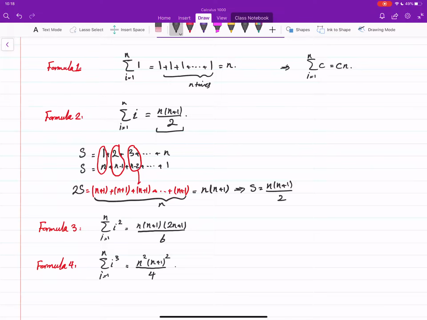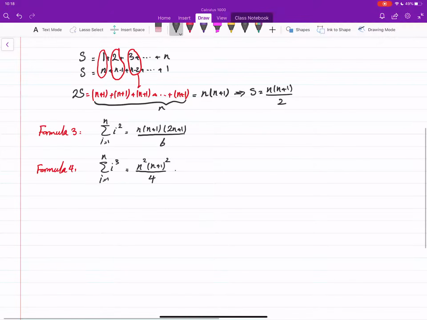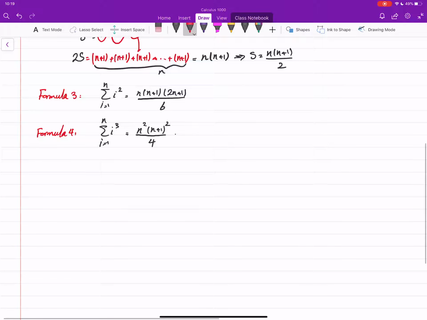There are 2 other summations that you have to know how to evaluate. I will write them as formulas 5 and 6. In this one, you have a constant r to the power i, and i goes from 1 to n. r is a constant. This has, again, an easy proof.